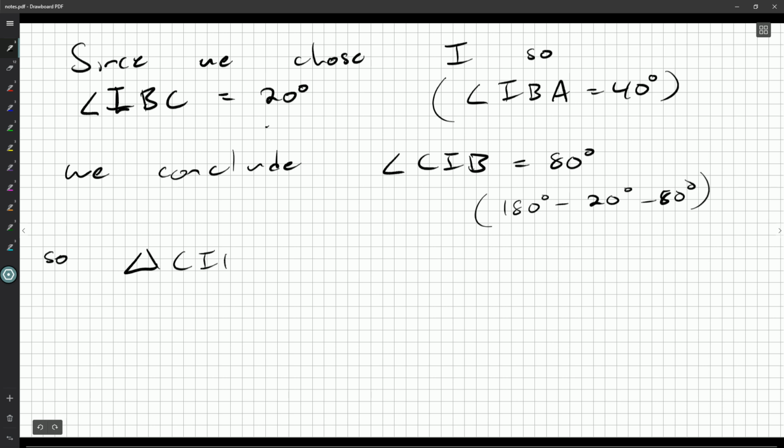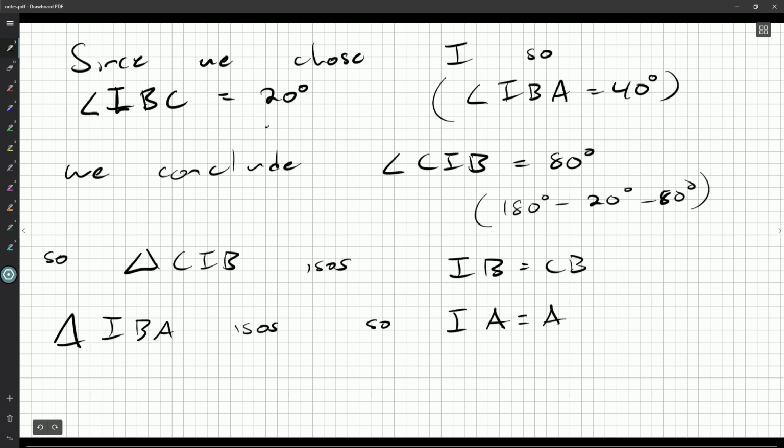So CIB is isosceles. It really was all about isosceles triangles. So IB is equal to CB. And since they're both 40 degrees, we also know that IBA is isosceles. So IA is the same as AB.